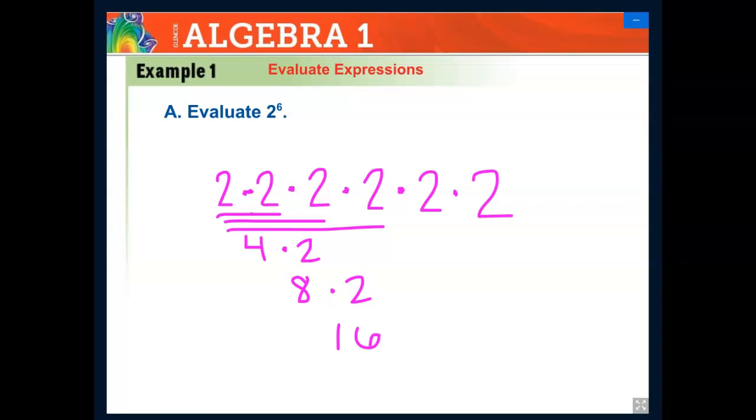So we have 1, 2, 3, 4 of them done. The 5th one, what's 16 times 2? Luke? Awesome. And the last one, 32 times 2. 32 plus 32?